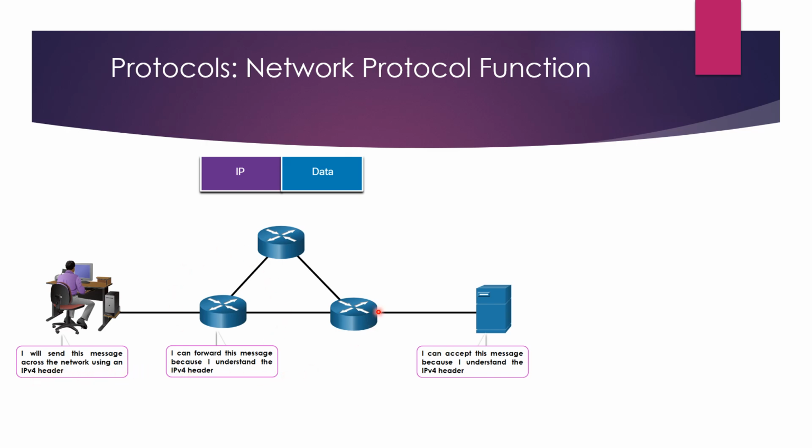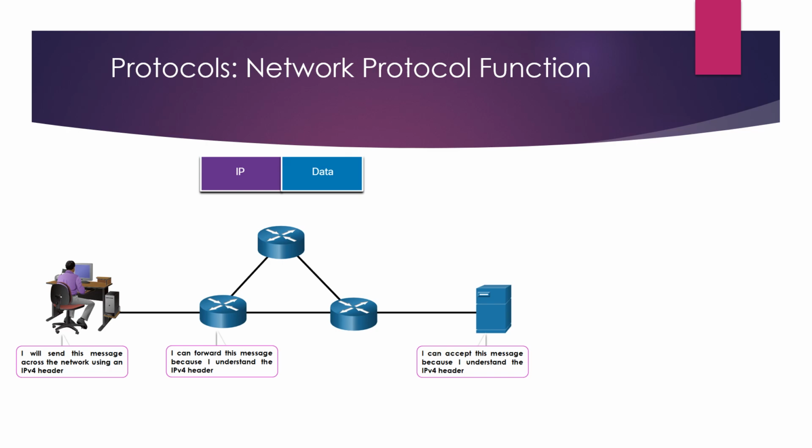The intermediate devices will understand this, and they say that I can forward this message because I understand the IPv4 header. The message will be delivered to the receiver at the destination, and he will say that I can accept the message because I understand the IPv4 header.